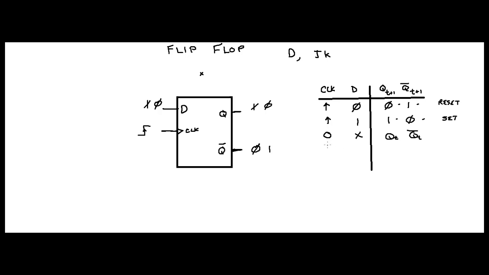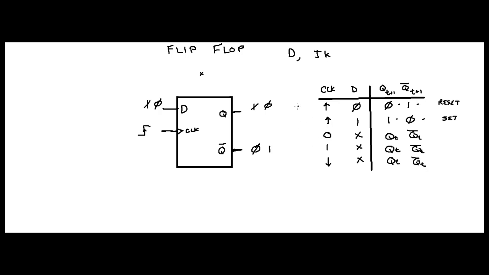Now, guess what? Suppose it's a 1. Doesn't matter what X is. It's the same thing. Q sub T, Q bar sub T. And guess what? If it's a negative going edge, it doesn't matter what D is, it's going to stay at Q sub T, Q bar sub T. Got it?